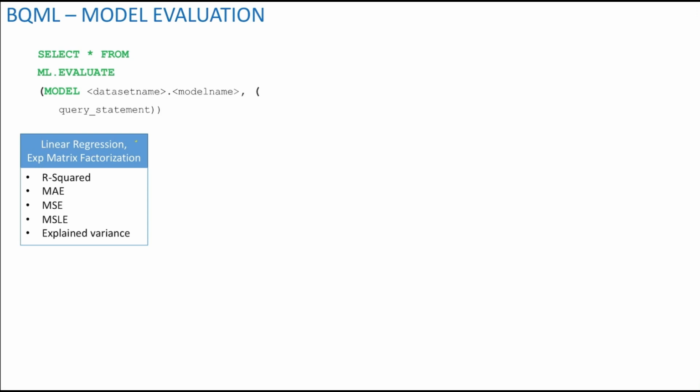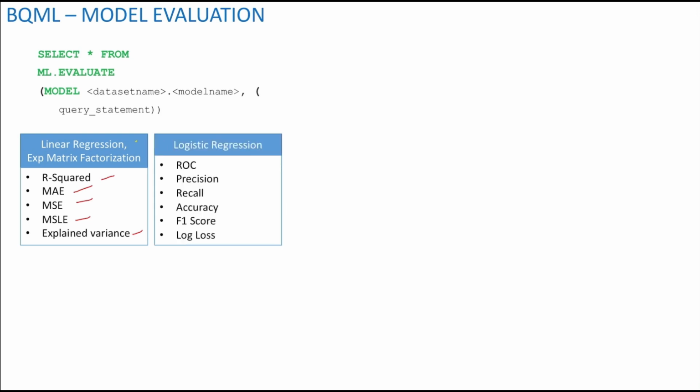That's why it is explicit matrix factorization. For these two models, the metrics that you get are R squared, mean absolute error (MAE), mean squared error (MSE), mean squared log error (MSLE), as well as the explained variance.